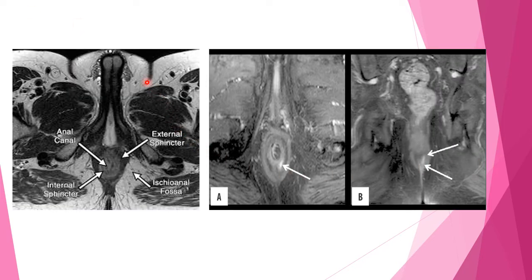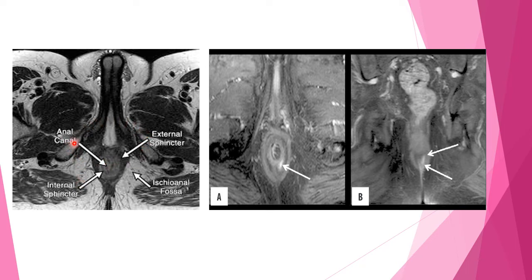Okay, this is a normal MRI image of the anorectal region. This is the rectum. This is the external sphincter. This is the ischiorectal fossa, internal sphincter, and the anal canal.